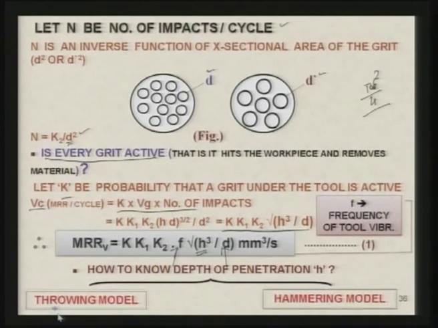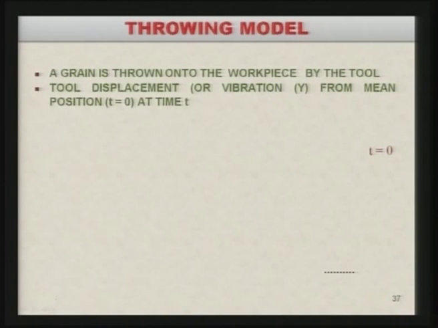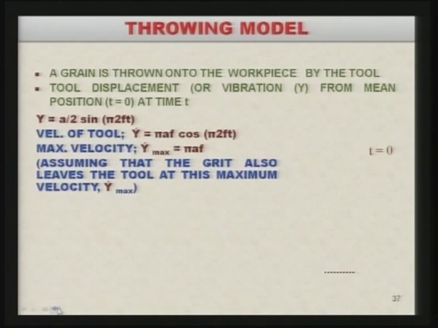So, he proposed two models, hammering model and throwing model. We will try to find out the value of h from the throwing model and hammering model. Throwing model: a grain is thrown onto the workpiece surface by the tool. Tool displacement or vibration from the mean position at time t can be given by y is equal to a by 2 sin 2 pi f t, where f is the frequency, t is the time, and a by 2 is the amplitude of vibration.